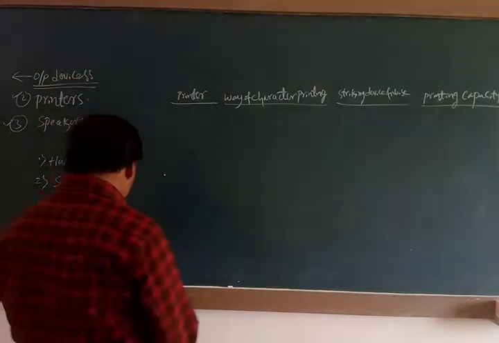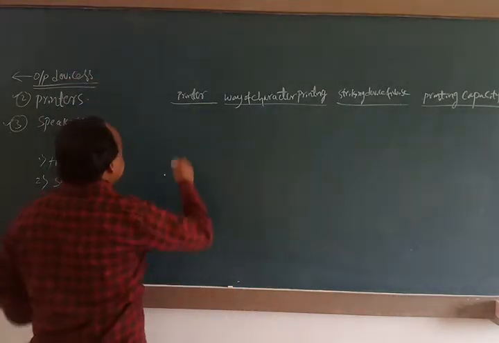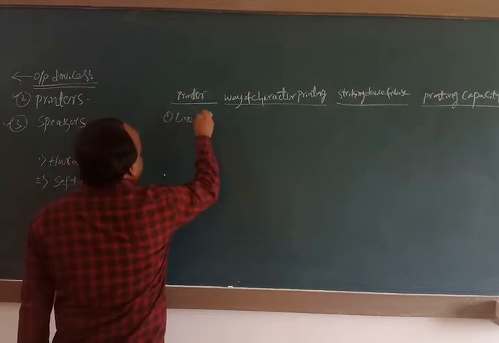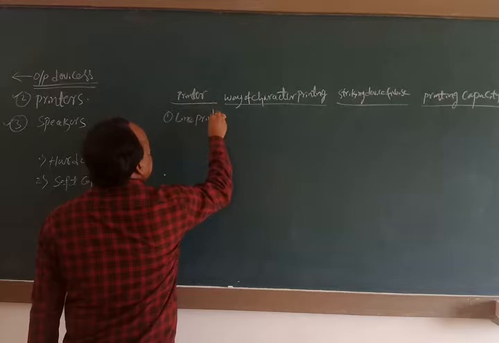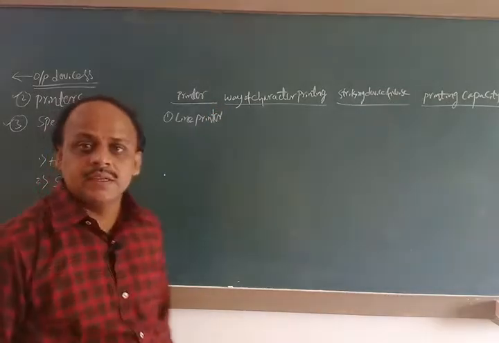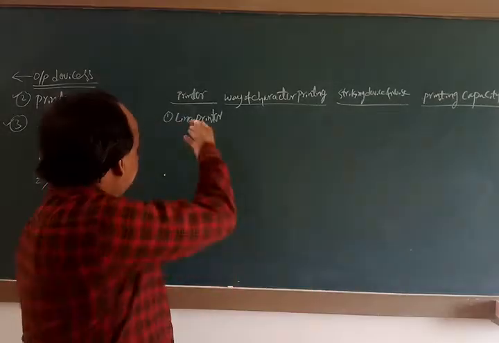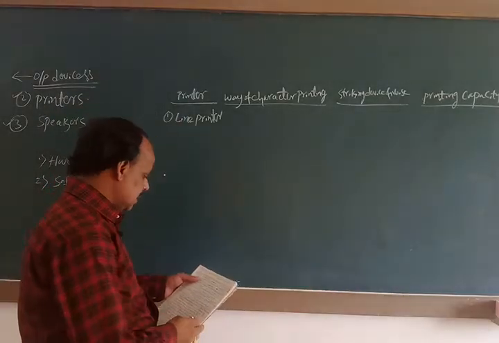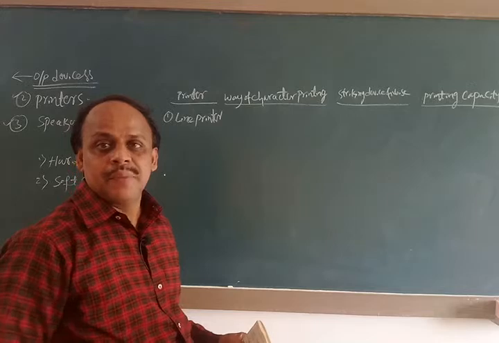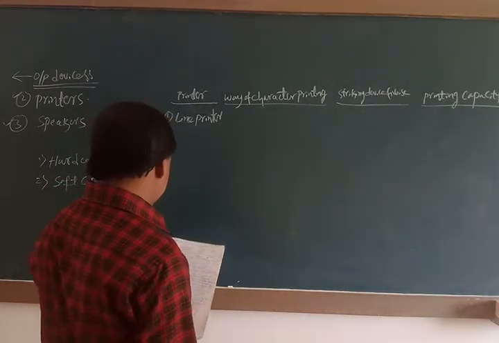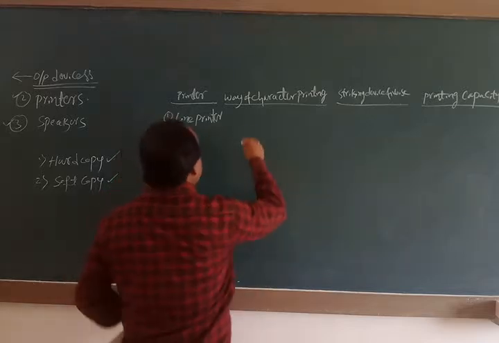So the first one is the line printer. Line printer is one of the impact printers. The way of character printing is parallel impact.